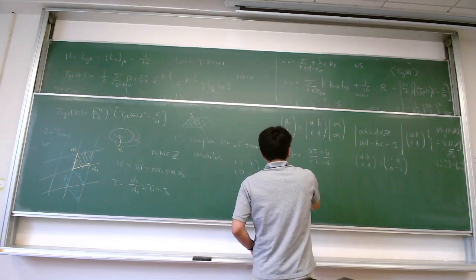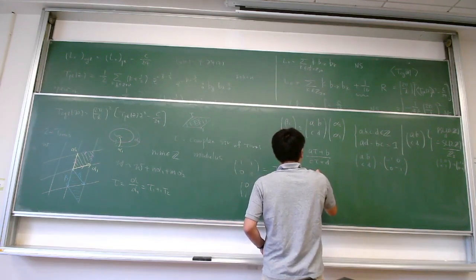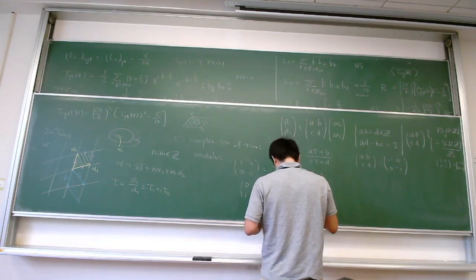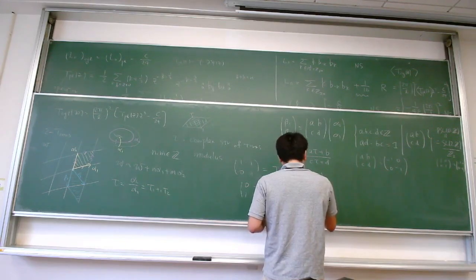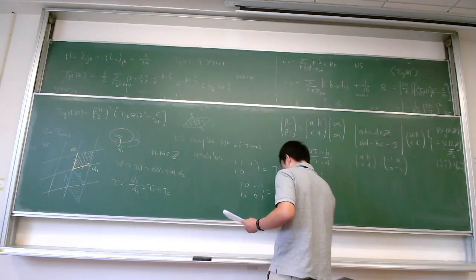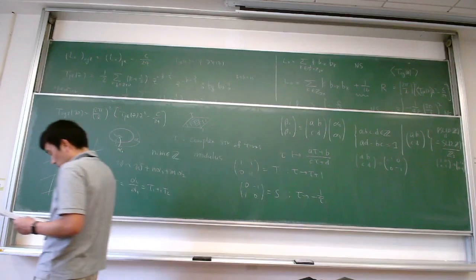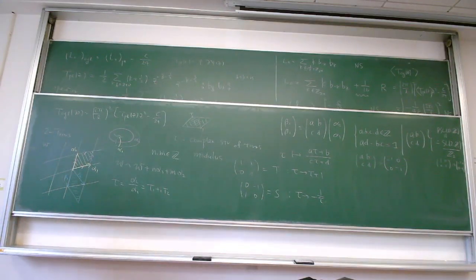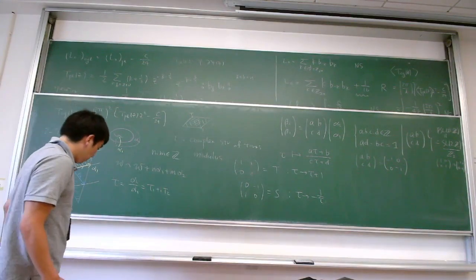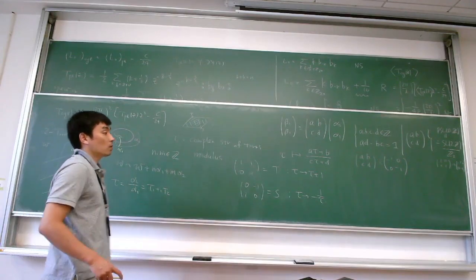This corresponds to tau goes to tau plus 1, and this corresponds to tau goes to minus 1 over tau.